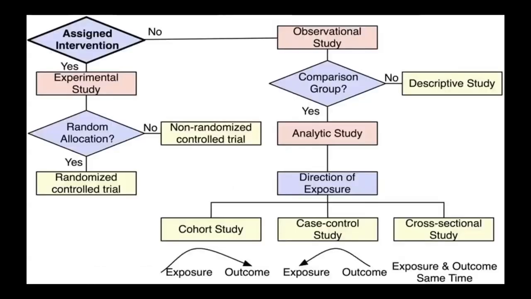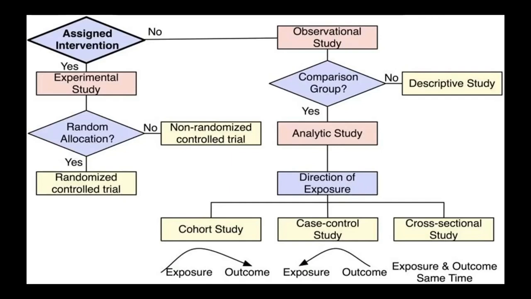There is another way of this classification, beautifully: if you assigned the investigation, yes or no. If yes, then it is an experimental study; randomized allocation, yes or no. If no, then it's called non-randomized trial or quasi-trial studies.